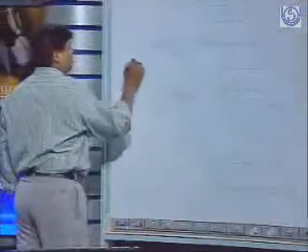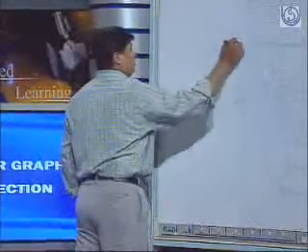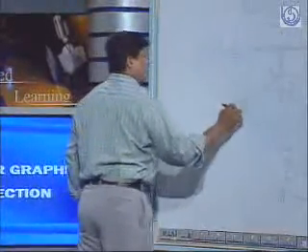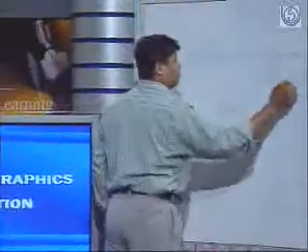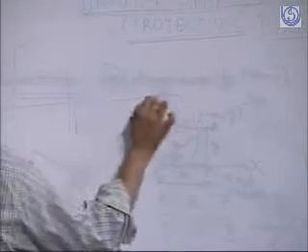Actually, say this is the center of projection, say this is your viewer, this is a plane of projection, and this is say some object, say it is a sphere. So this person is viewing the sphere.